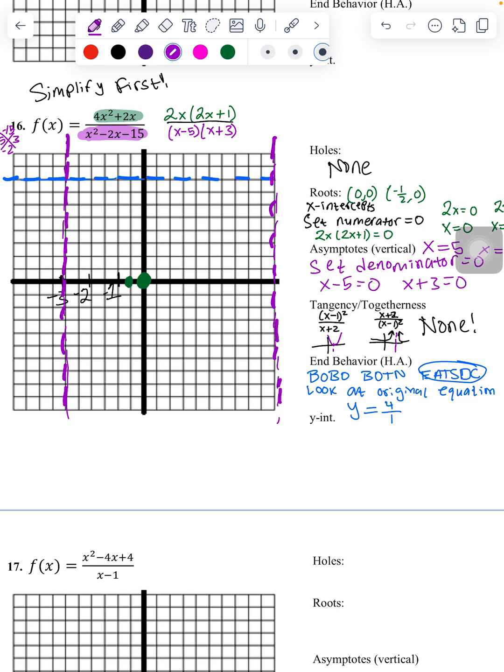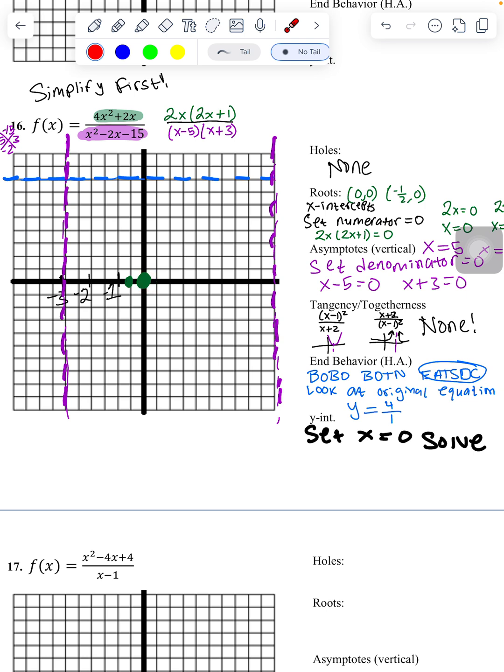And then last but not least, I have my y-intercept. For my y-intercept, I just set x equal to 0 and solve. What I also notice is that I already have a y-intercept at the origin when I found that root.